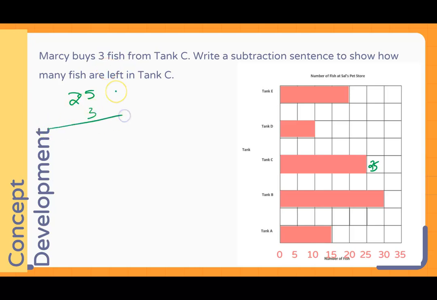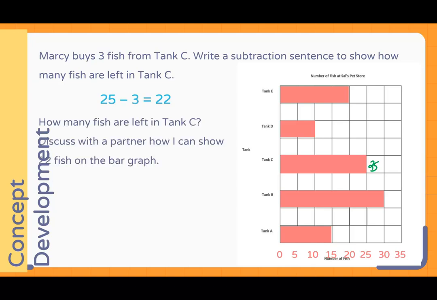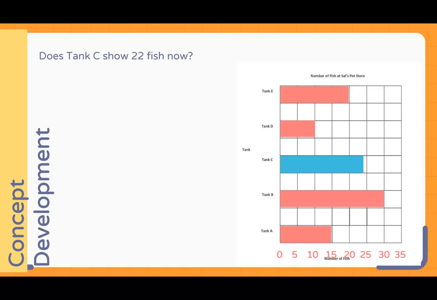Now, if they take away from your total, then you're subtracting. 3, 4, 5. 1, 2, 2. So there's 22 fish left. 25 minus 3. We write it up and down. We stack it.